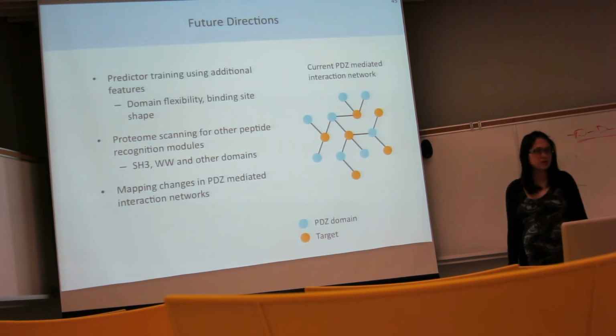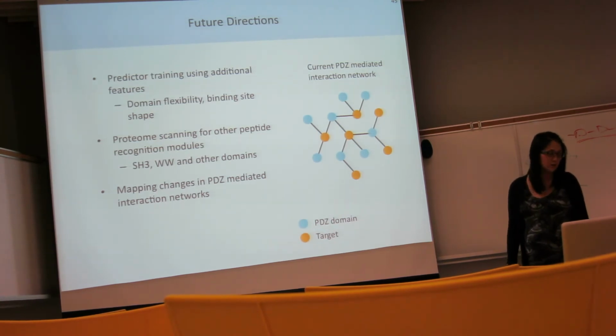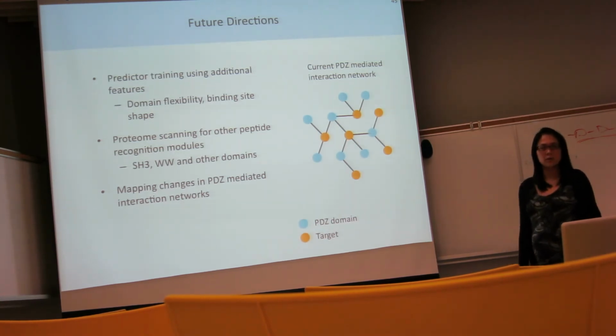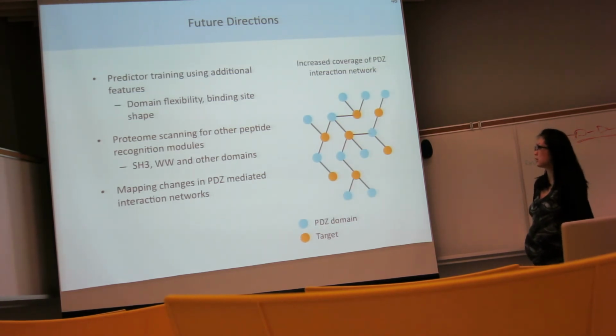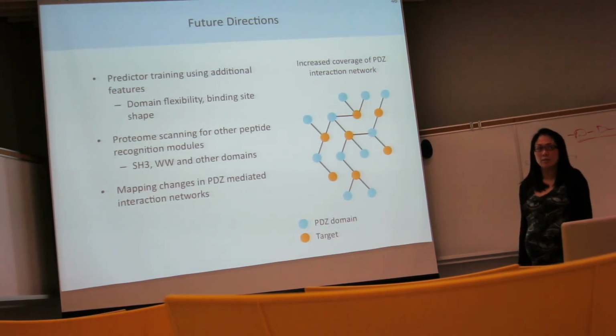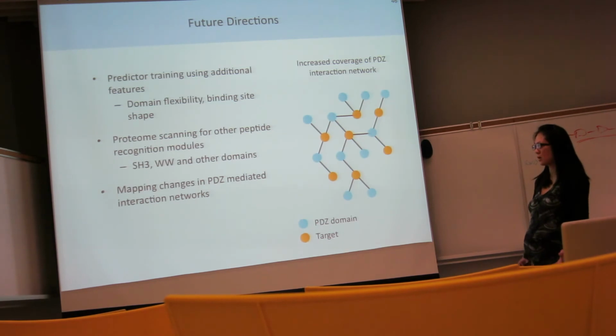Some of the things that we can do with our current network include training the predictor with additional features, such as information about domain flexibility or binding site shape, and this would increase the coverage of our current PDZ interaction network. Another thing we could do is build predictors for other peptide recognition domains, such as SH3, WW and other domains, and then perform proteome scanning.